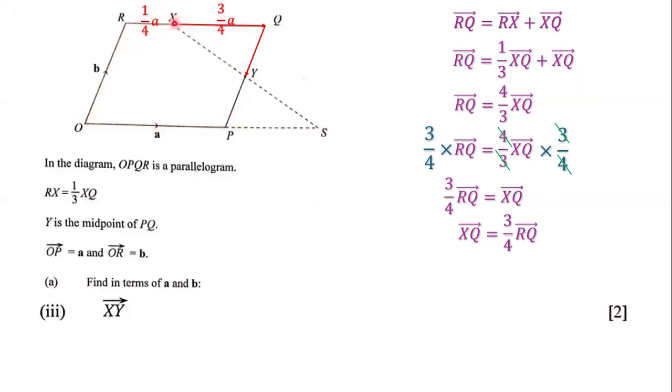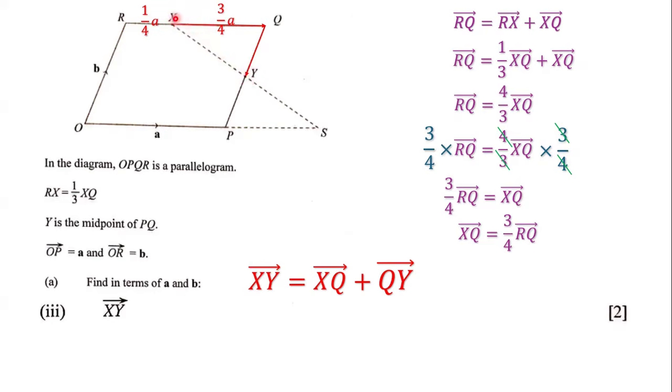Again, XQ is equal to 3 over 4a, and RX is equal to 1 over 4a. And so let's add them up. And so what do we know about x to y? X to y means that you start at x, you end at y.